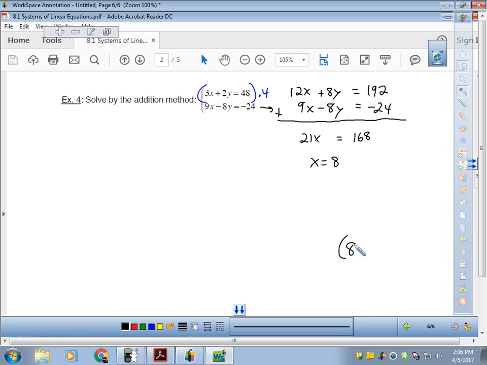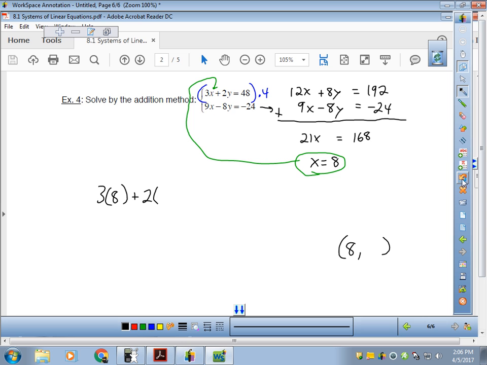So there's half of my answer, 8 comma something. To find my y value, I'm going to take this 8 and plug it back in up here for the x. So I'm going to have 3 times 8 plus 2y equals 48. 3 times 8 is 24, plus 2y equals 48.